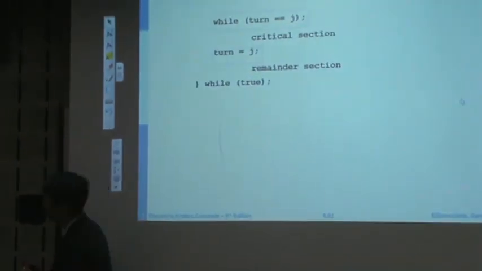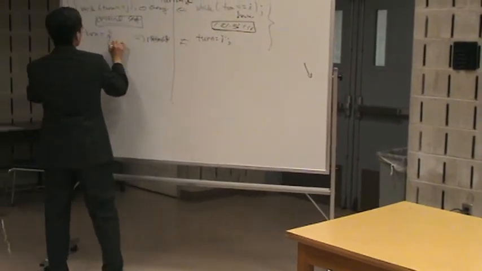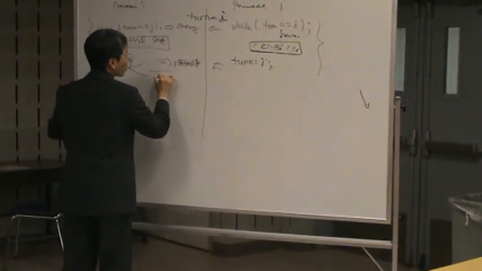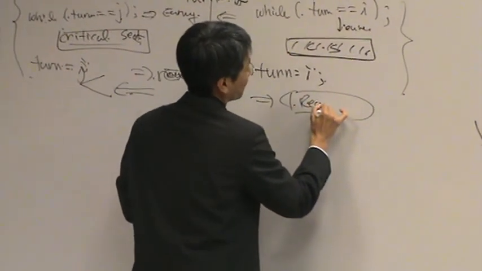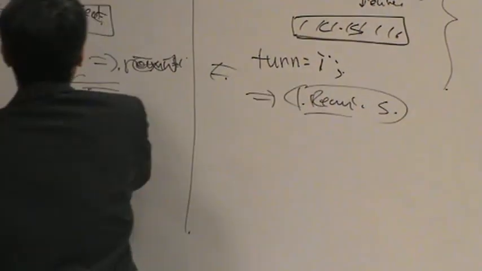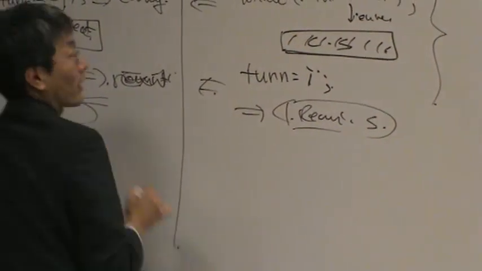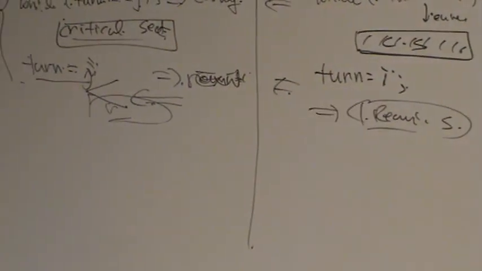It's not the remainder, this is the exit. And remainder means whatever code you have, you can process it. This is the remainder section, and this is the exit section. This is just an example.